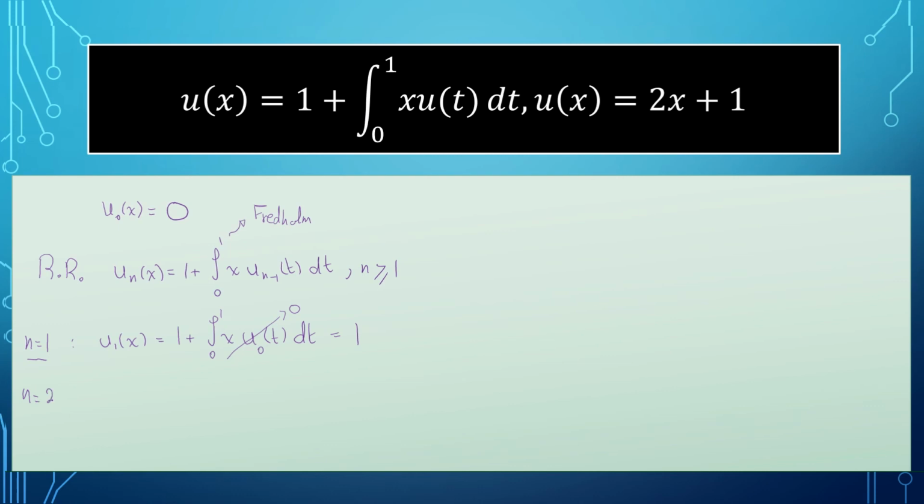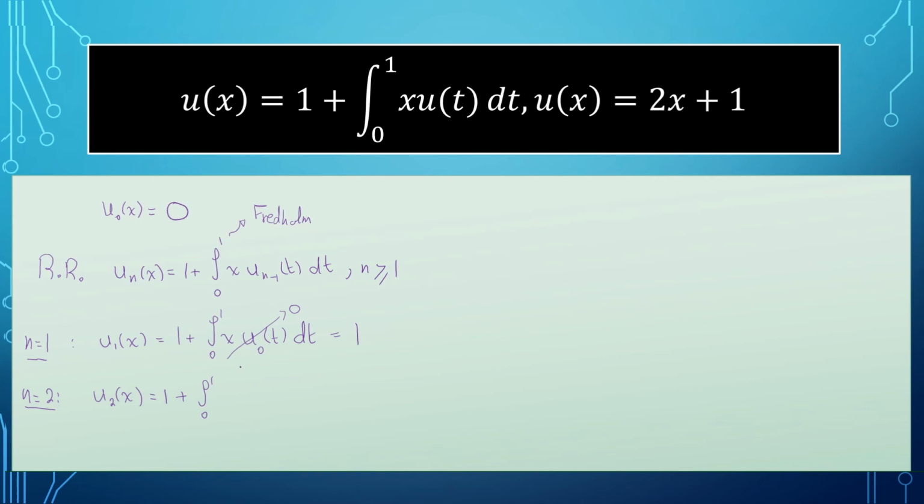When n equal to 2, we have u2 of x equal to 1 plus the integration from 0 to 1.